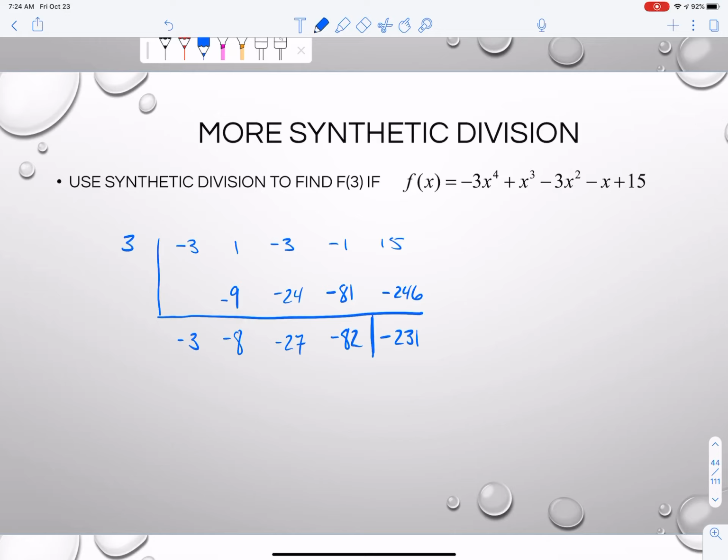So here, from the remainder theorem, we find that f of 3 is negative 231. And I would argue that that was a lot easier than actually substituting in and trying to evaluate this. You're going to have some big numbers, and I could probably do it quicker here with synthetic division.